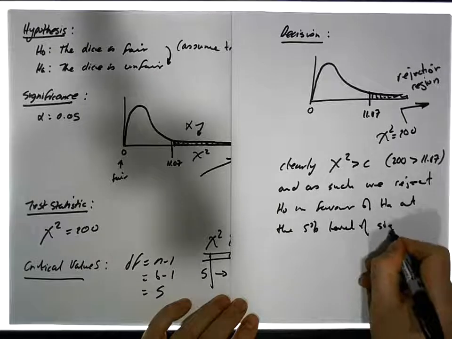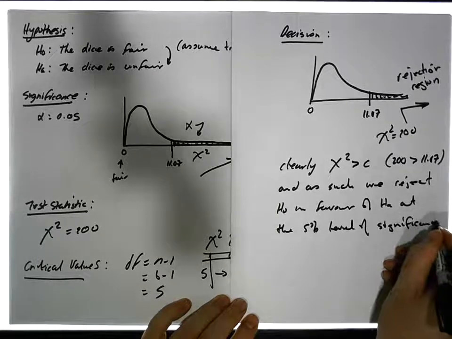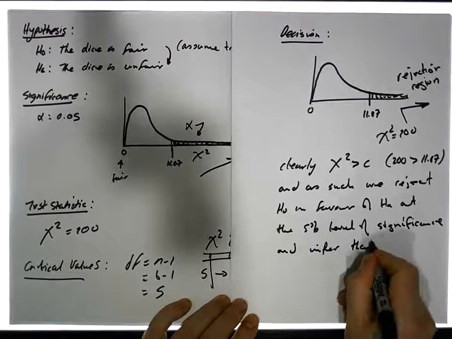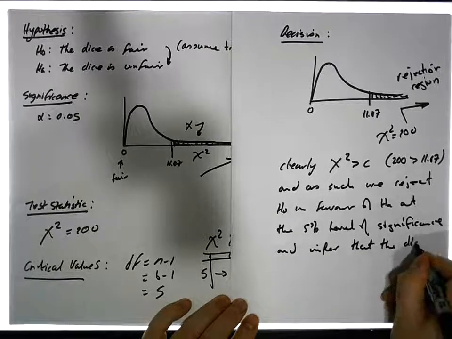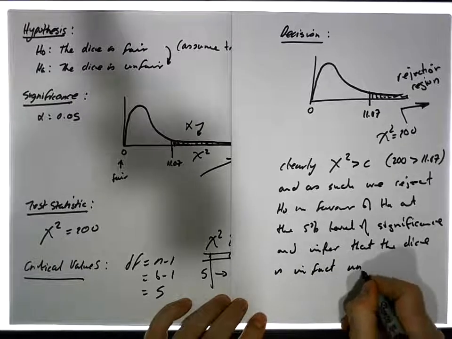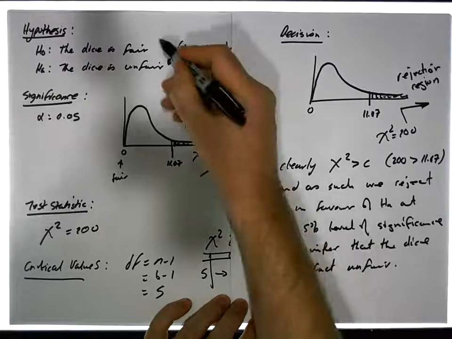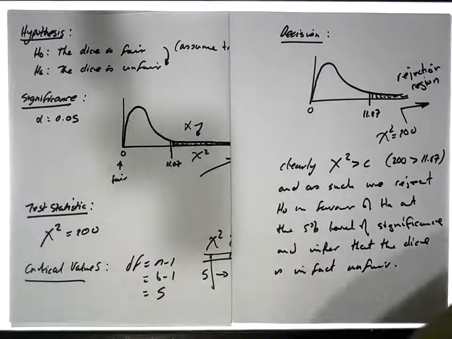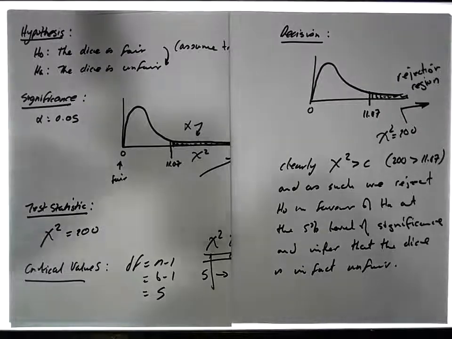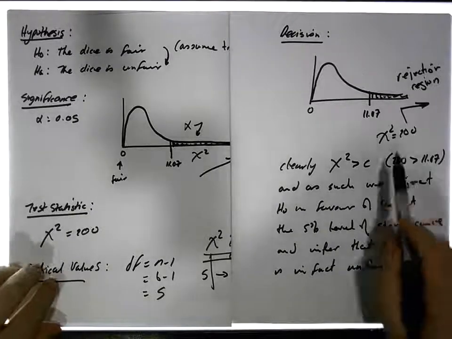Now we can infer that the die is in fact unfair, because we've gone into the rejection region. That's effectively it. This test statistic was huge in this situation.